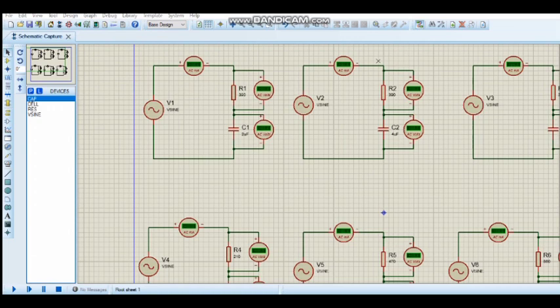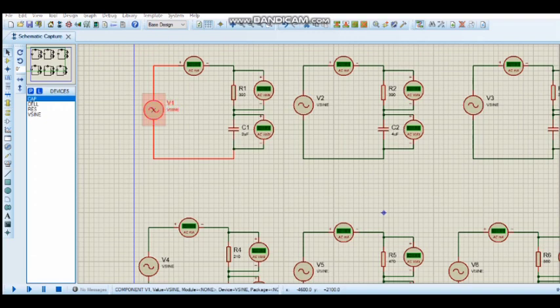Okay, I will present about activity 3, series resistive capacitive load circuit. Now I will explain about the components that we use for this activity. The power supply is an AC supply.